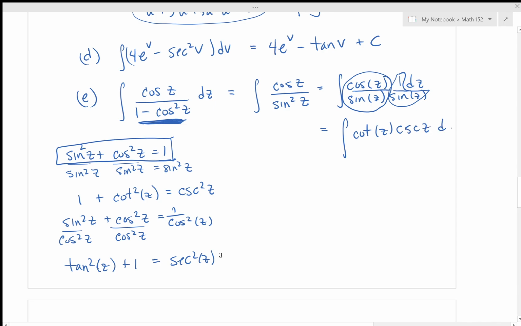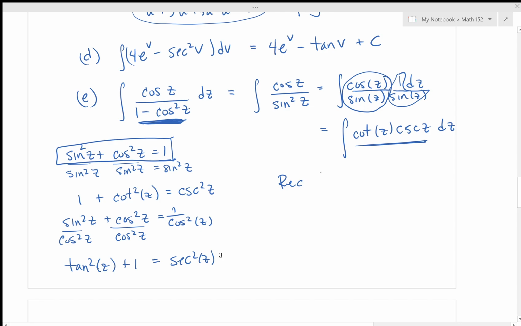And then I've got the dz. That allows me to recognize what this is: that is the derivative of cosecant, basically.